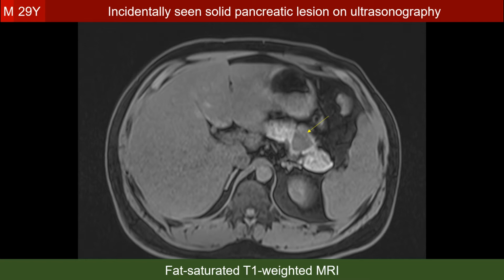And here we notice that the normal pancreatic parenchyma is bright on this fat saturated T1 weighted images. This is a very important pulse sequence to look at the pancreas.